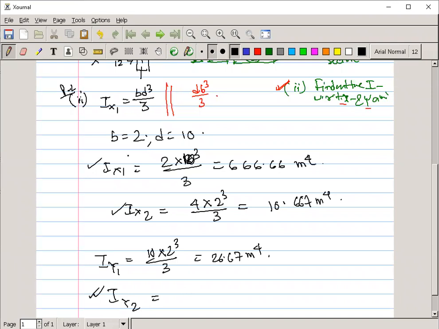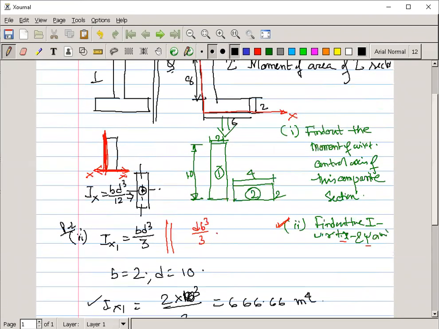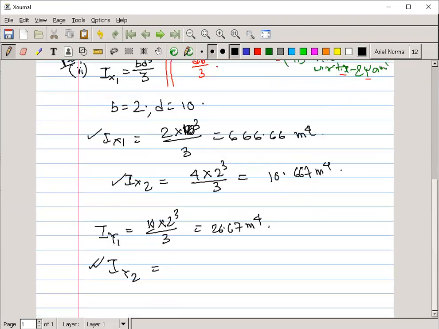Because see, we have to apply the parallel axis theorem, right? But let's see. If we use that directly, what is the answer? 2 into 4 cube by 3.